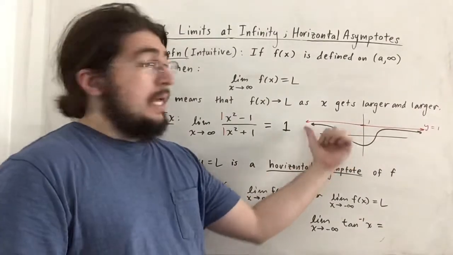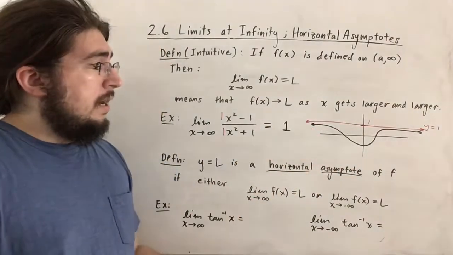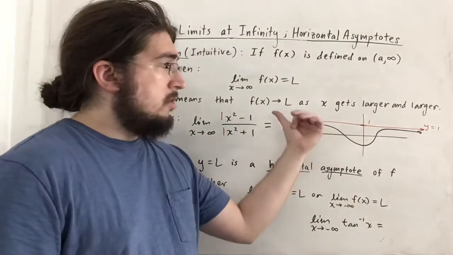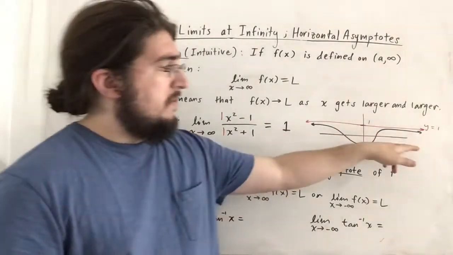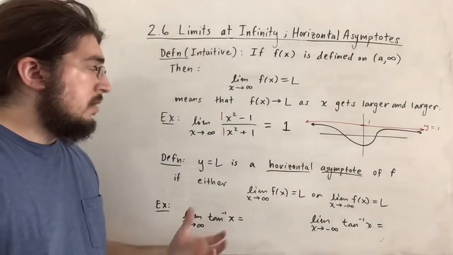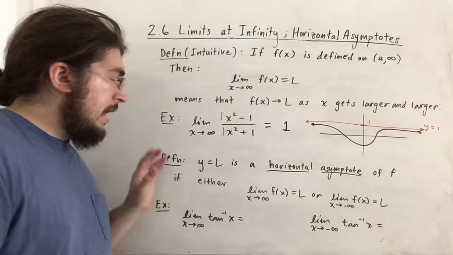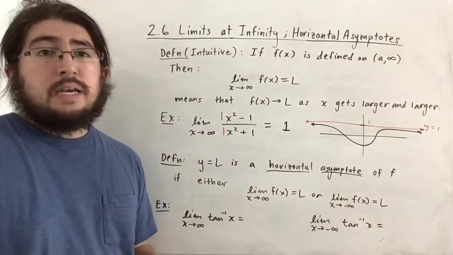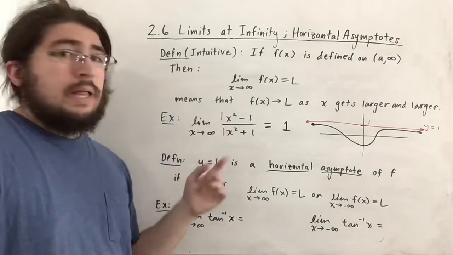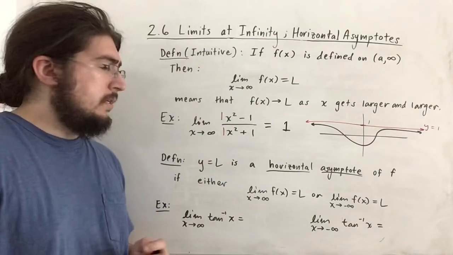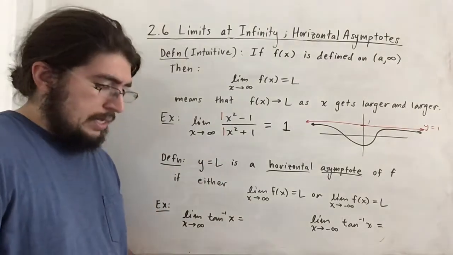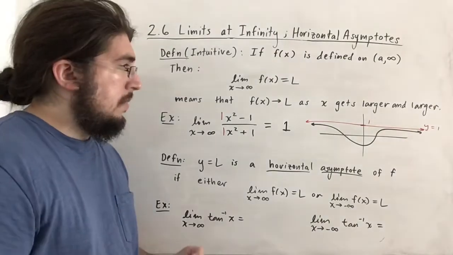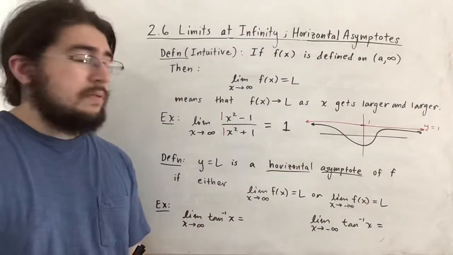And it so happens that as x approaches negative infinity, it also approaches 1. But in reality, you need one or the other. You don't necessarily need both. Rational functions will always have both, as it turns out. But some functions have two different horizontal asymptotes.